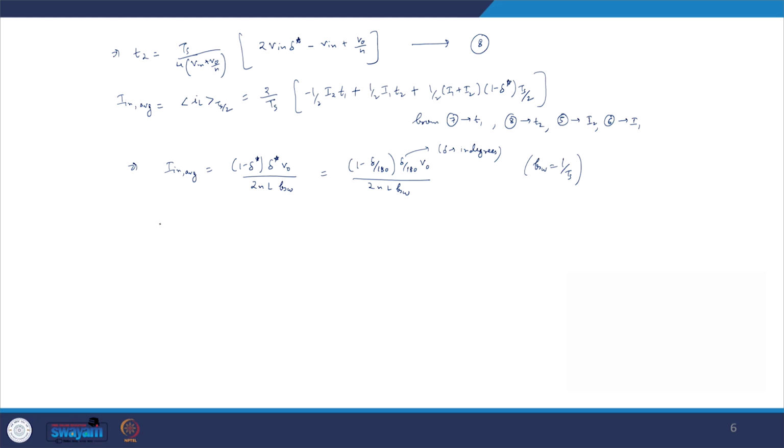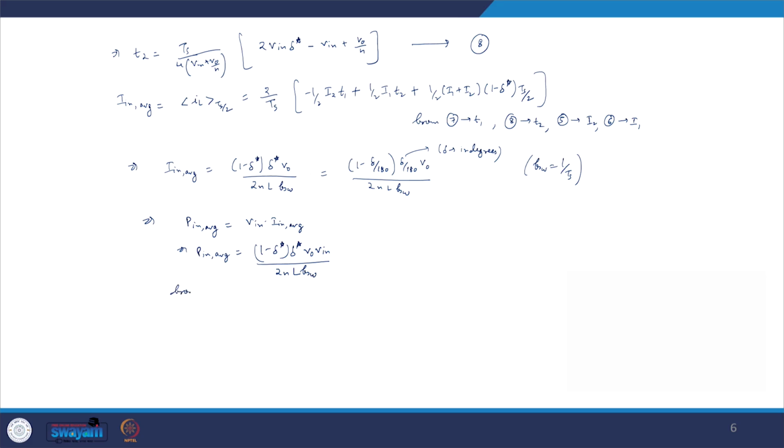So then we can write our P in average, or the average power drawn from the input voltage source. It is nothing but V in times I in average, and that gives P in average equal to (1 minus delta star) times delta star times V naught V in divided by 2 L FSW.